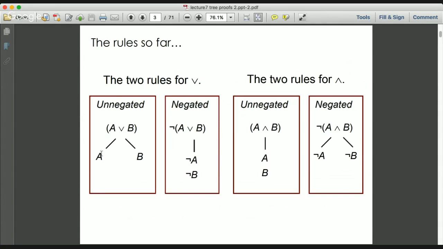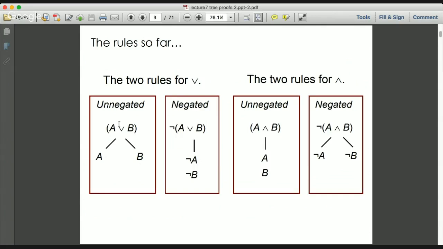So we have a branch going on the left-hand side where we just put whatever the left disjunct is, and on the right-hand side, we have another branch, and then we put whatever the right disjunct is. On the other hand, if our disjunction is negated, then we just have a single branch, and underneath that we write not whatever's on the left-hand side, and underneath that we put not whatever's on the right-hand side.